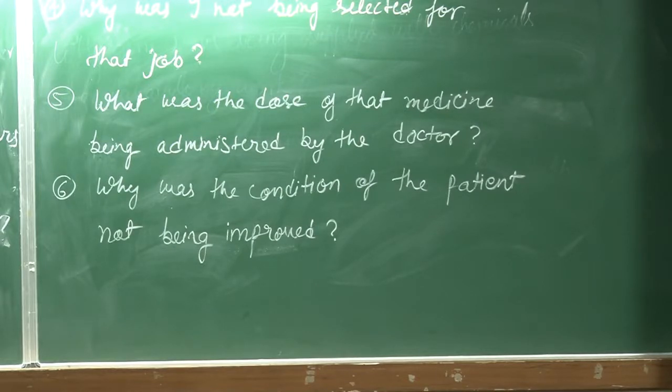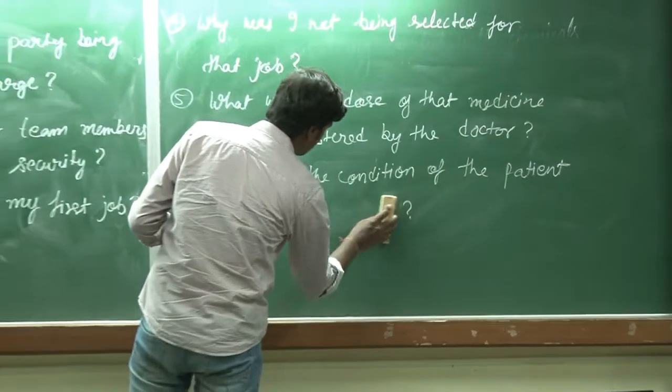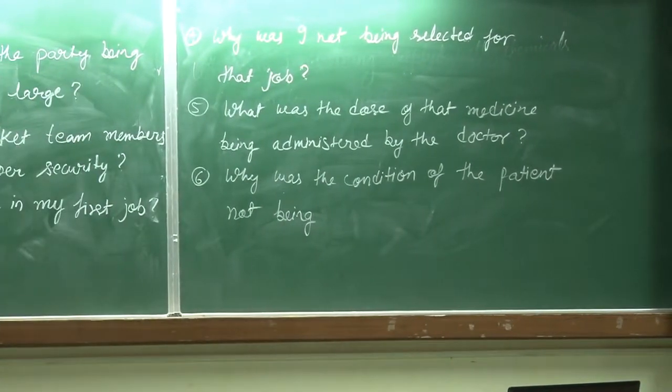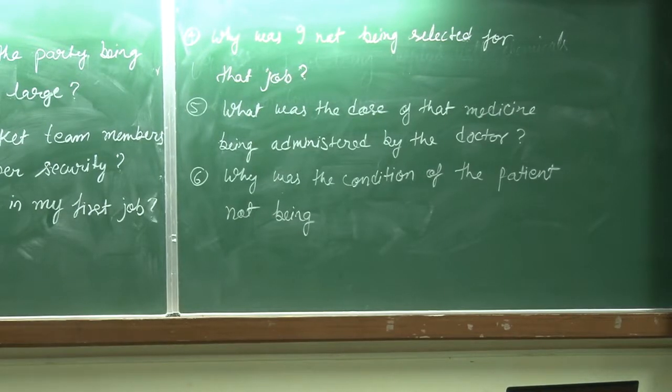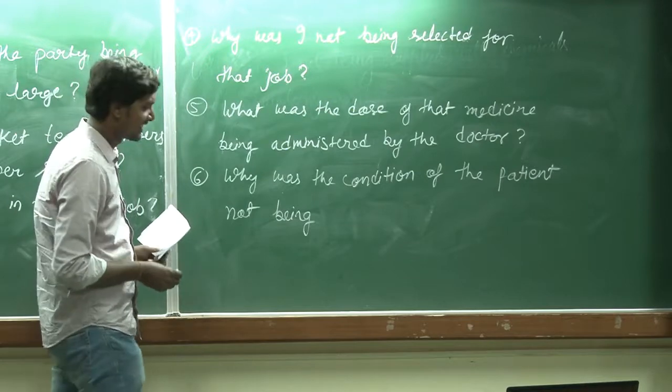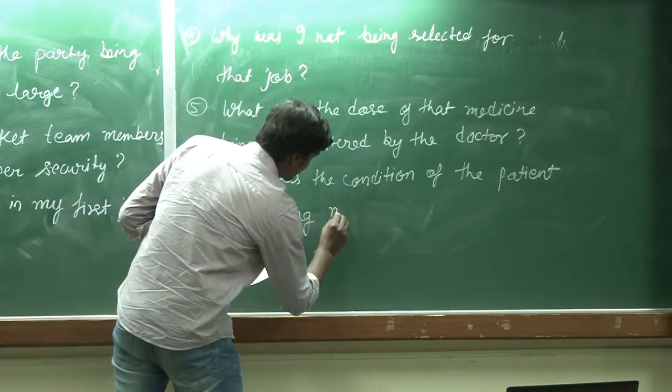So, let us modify it a little, remove that improved, put some other verb and continue the sentence a little forward. Or monitored, monitored regularly. Monitored, that is actually the real question that he has in mind.